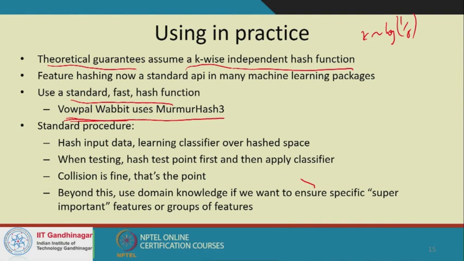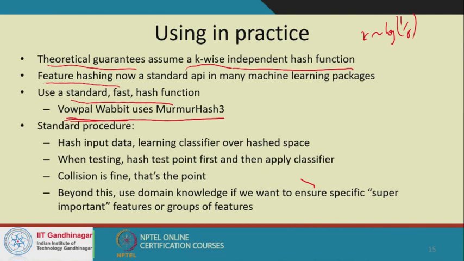It gives you a very fast classifier using feature hashing, and it uses something known as MurmurHash3. In fact, a lot of standard machine learning packages have feature hashing as a standard API, including packages that run on scalable systems like Hadoop and Spark.